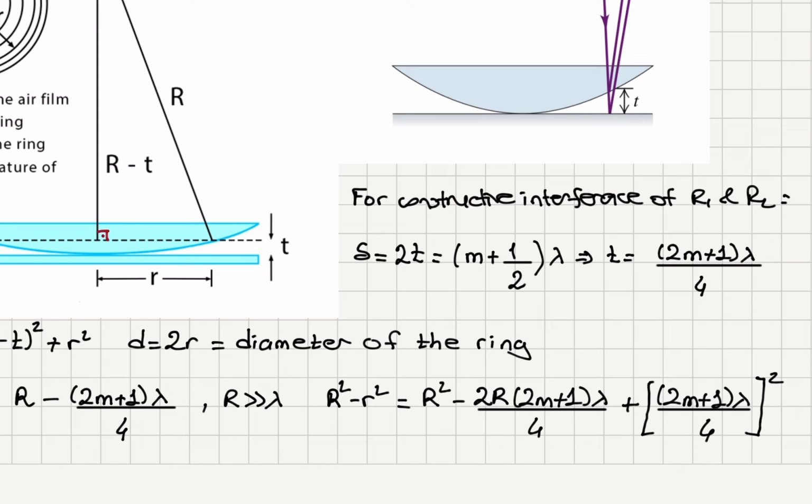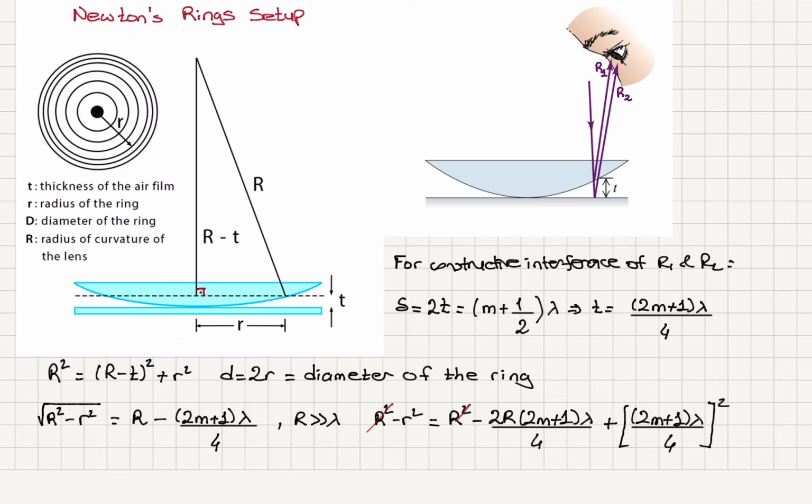Okay, now from this equation I can pull out the radius, and the first thing I notice is that there is a cancellation here. These capital R squares will cancel, and I can obtain an expression for the radius of the Newton ring squared.